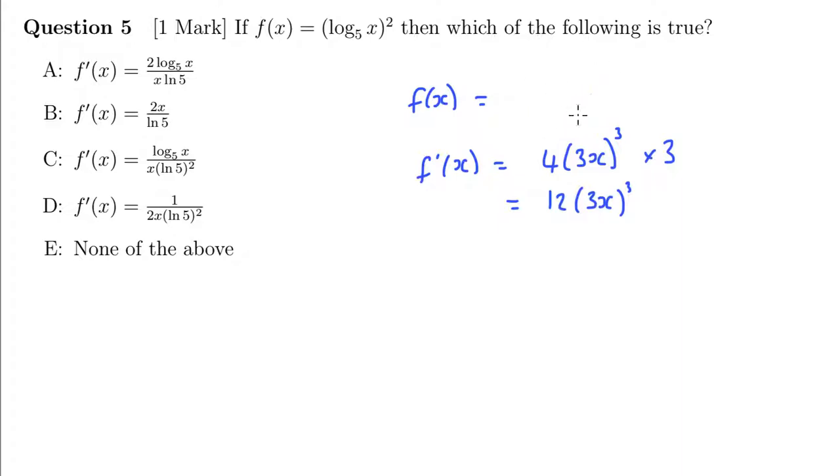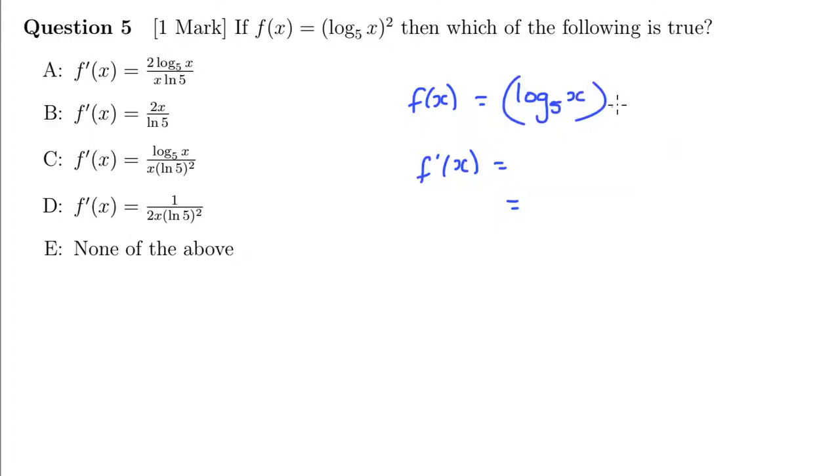So the first part of the answer to this question is, if the question is log to the base 5 of x squared, you would bring the power to the front and take 1 off the power, so the power would go down to 1, and you'd pretend this is an x, so you just have the same thing again. So that's the first part of the answer.